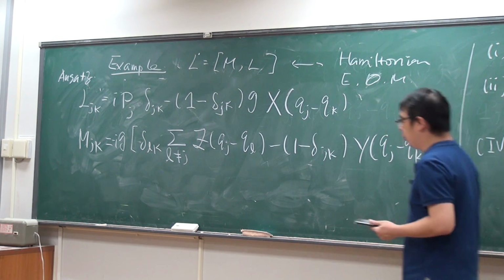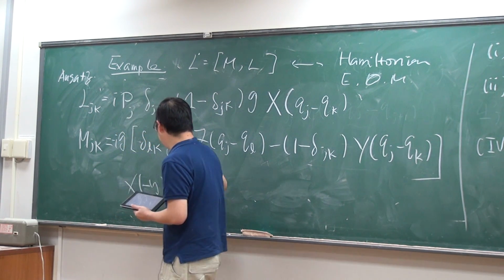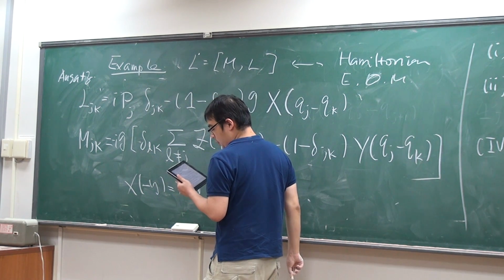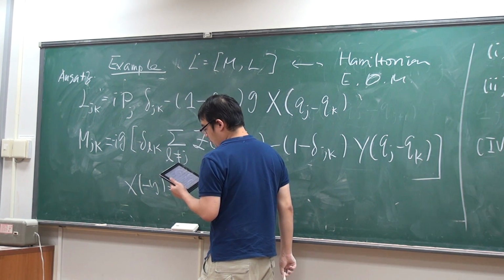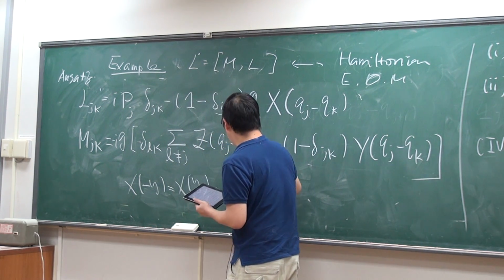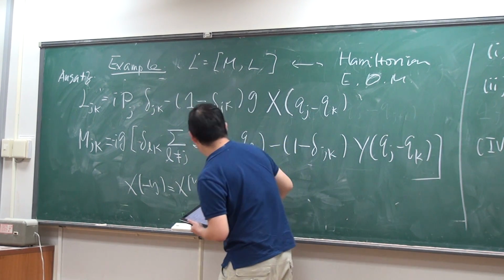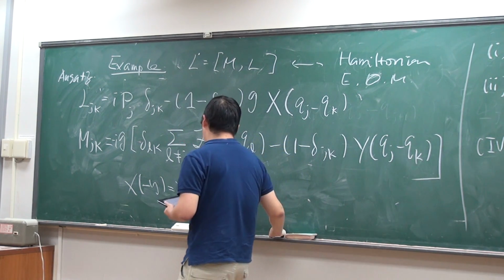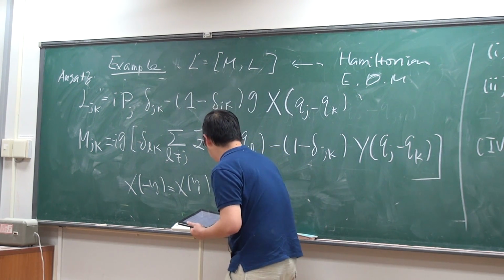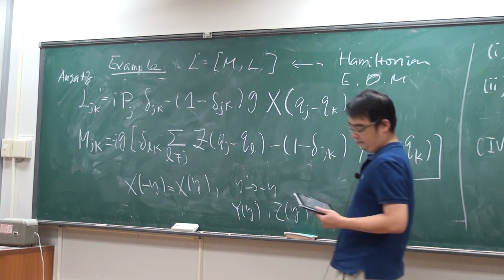so with the symmetries that x minus y equal to x y, and this is minus y. Reflection symmetry for y to minus y, also for capital Y. Okay.